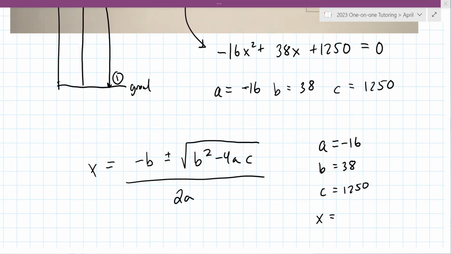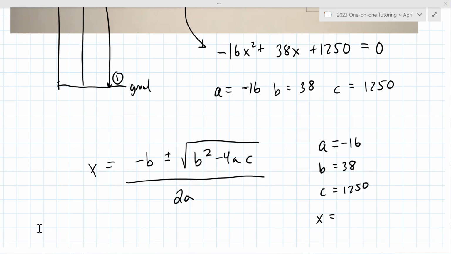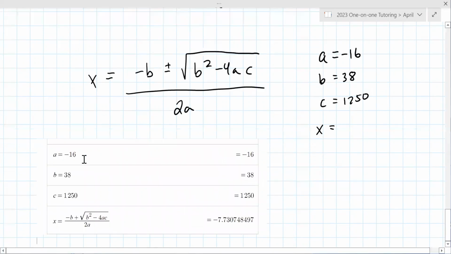So let me snip this in because there's a different way to do stuff depending on what tool you're allowed to use in this case. So that's what I meant by this, like A equals -16, enter, B equals 38, enter, C equals 1250, enter. And then you type in the formula down here. You don't have to put any of the numbers in.